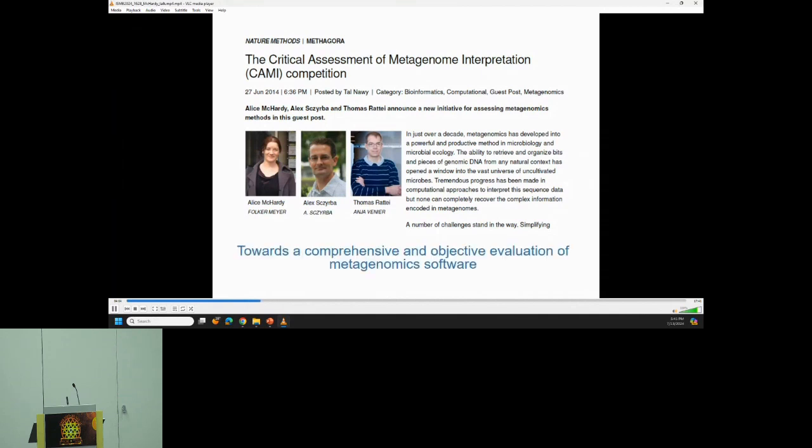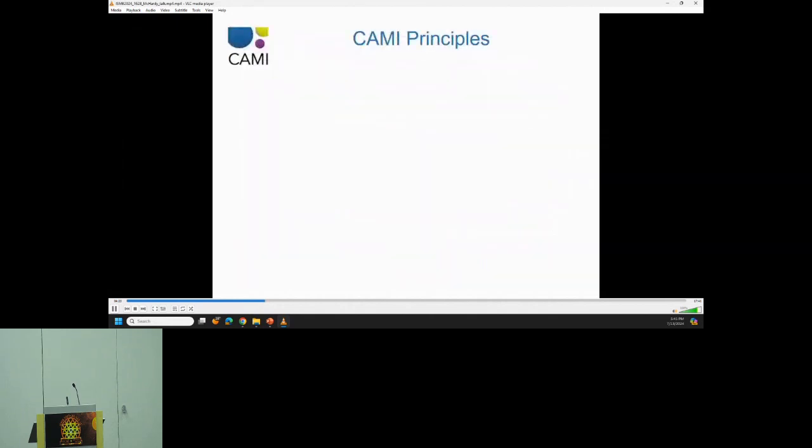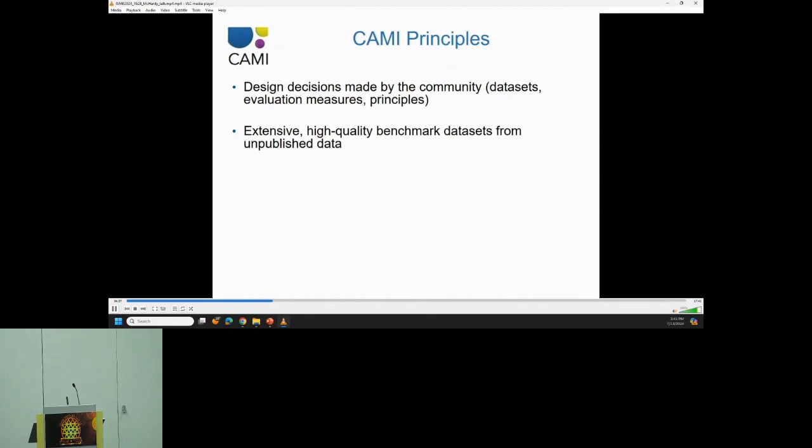CAMI has the aim to create as comprehensive and objective an evaluation of metagenomic software as possible. And so, involving people, we asked them what principles we need to make that possible. All the design decisions are made by the community: how the benchmarking should be done, on which data sets, which metrics, and how the contests should be run.